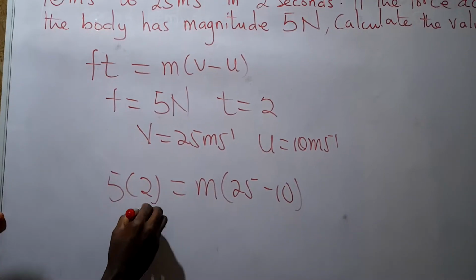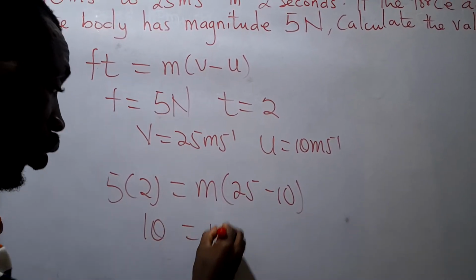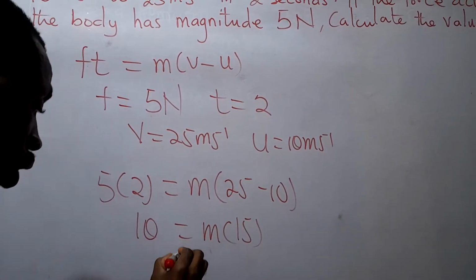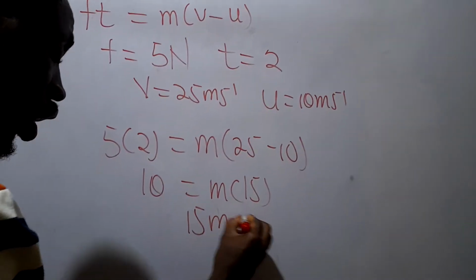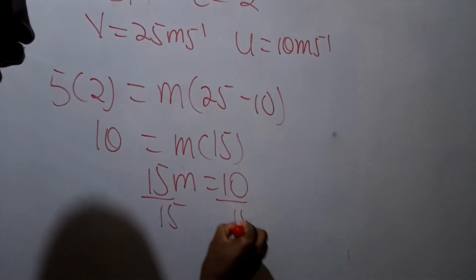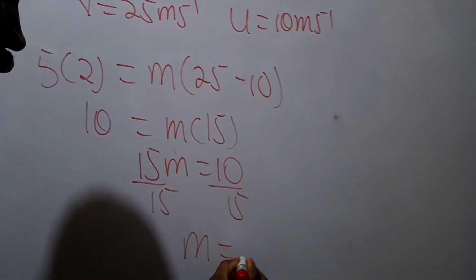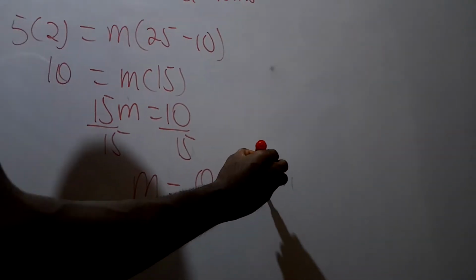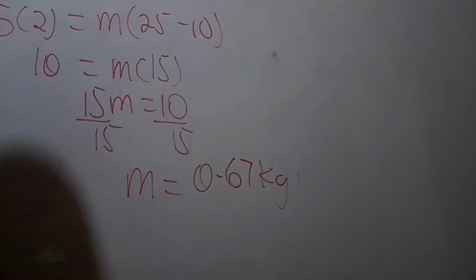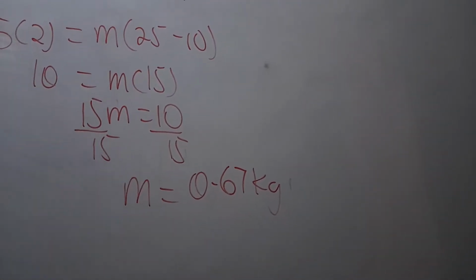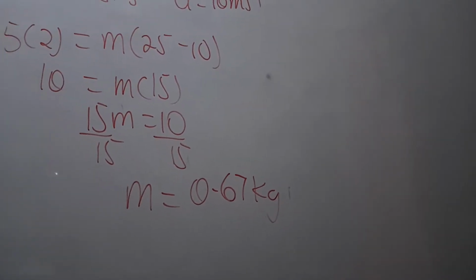So 5 times 2 is 10, equal to m times 15, since 25 minus 10 is 15. So you can say 15m is equal to 10. We'll divide both sides by 15. We'll get m to be 0.67, correct to 2 decimal places. So we can say that the mass of the object is 0.67 kilograms.